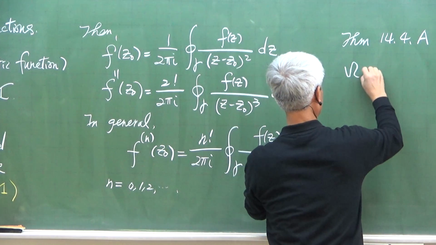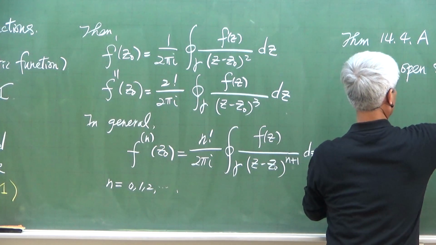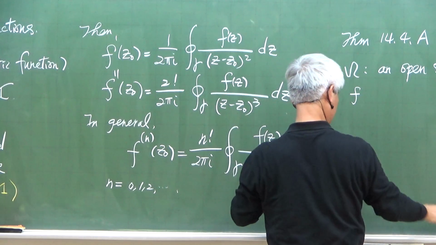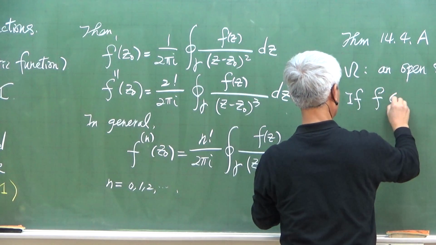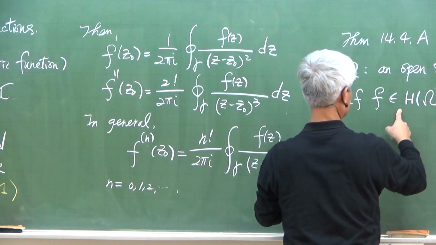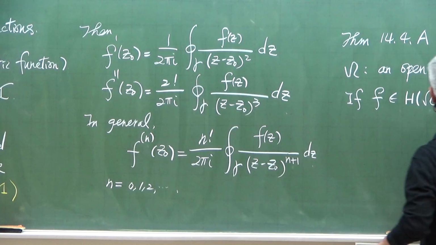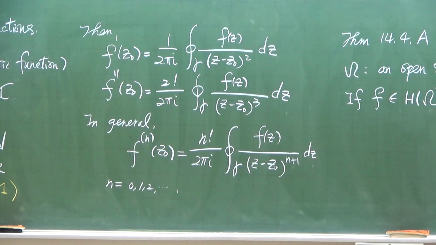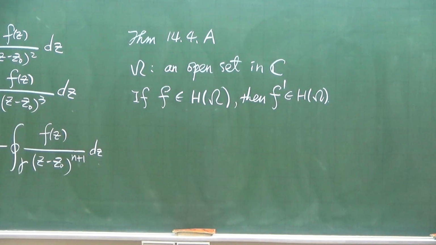So if omega is an open set in the complex plane, and if f is holomorphic on the open set, then the derivative of f is also holomorphic. So this is the consequence.